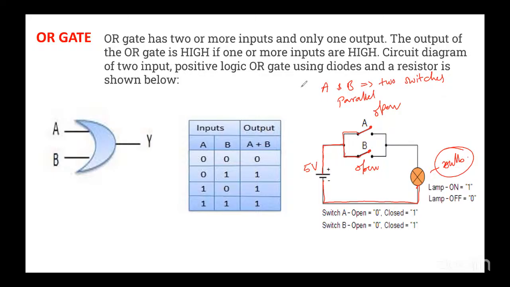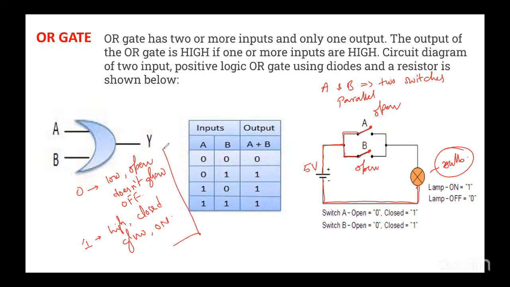Here one thing you need to remember: 0 means low, open, doesn't glow, off condition. 1 means high, closed, glow, on condition.